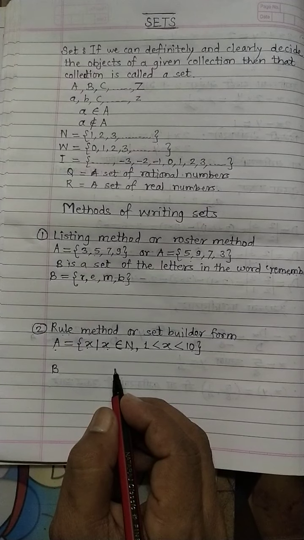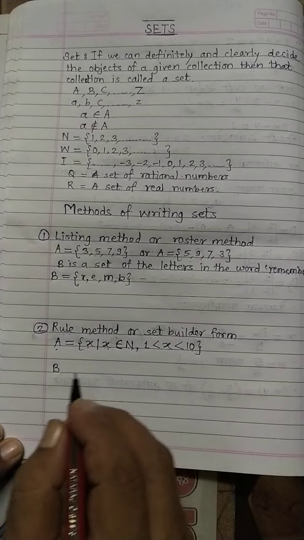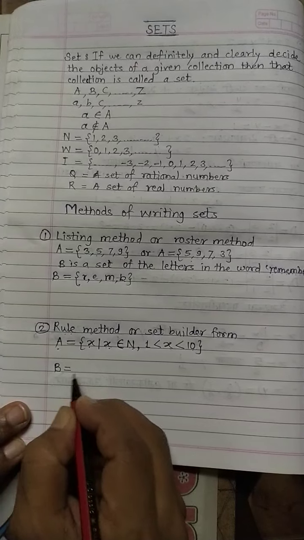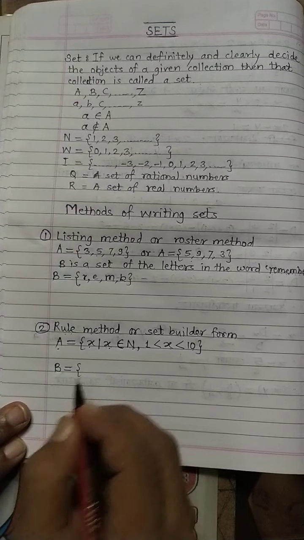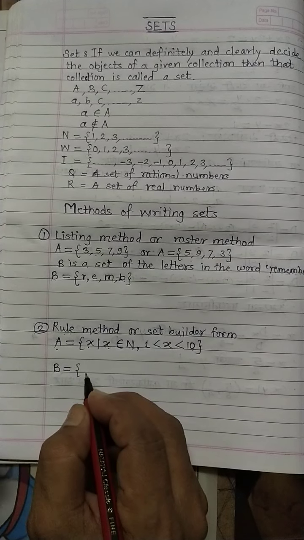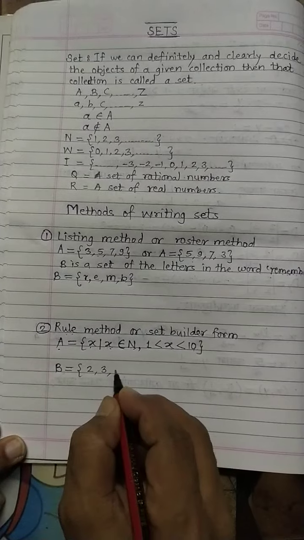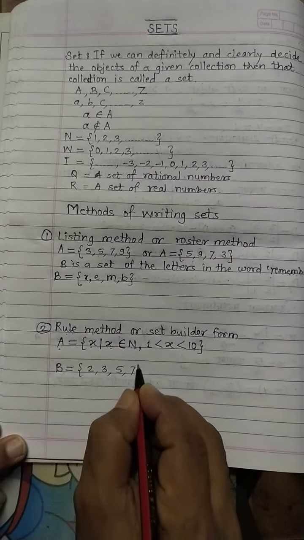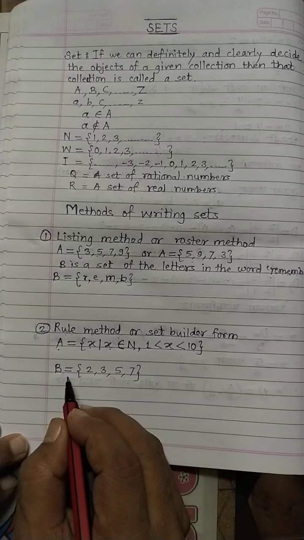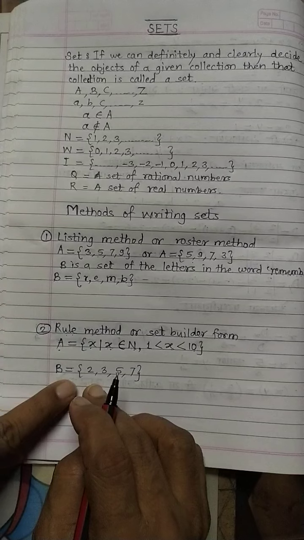These are the prime numbers between 1 and 10. So B is equal to, first of all I am writing in listing method, means 2, 3, 5 and 7. This set is written in listing method.